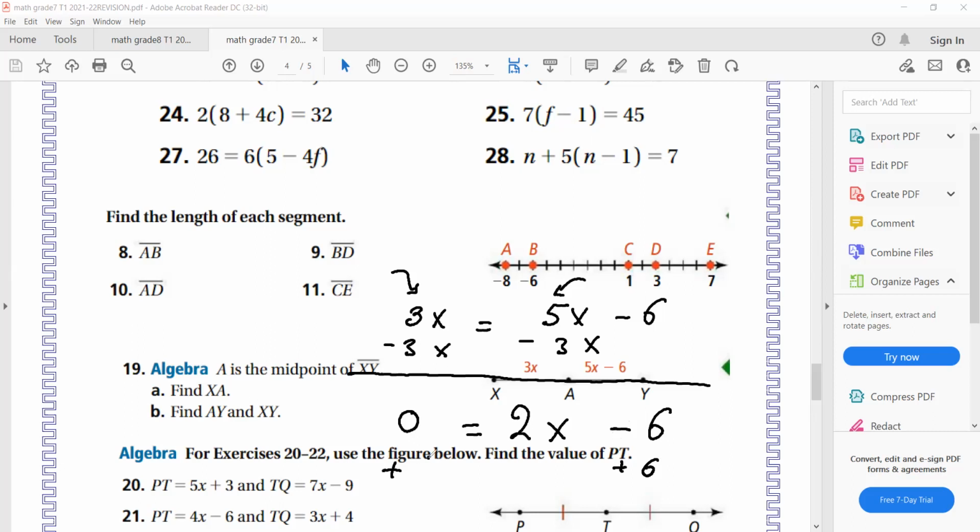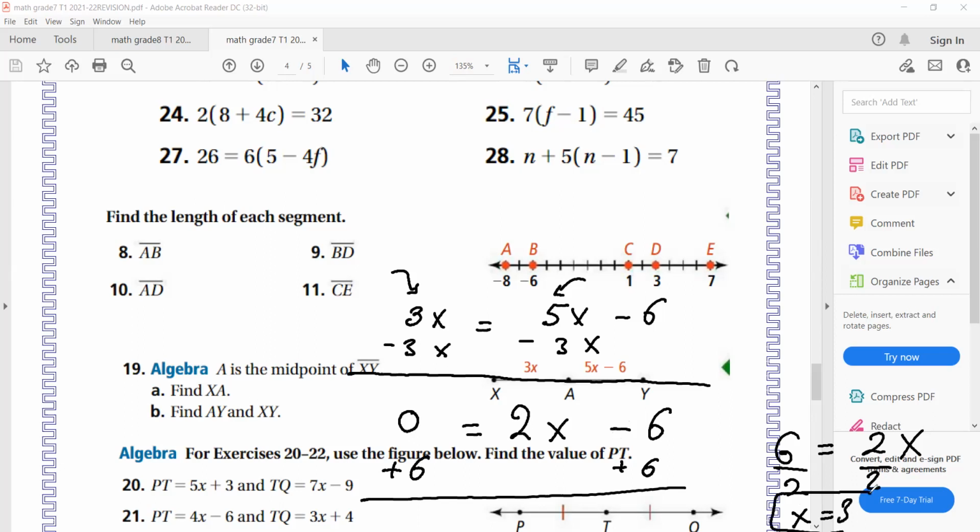Then 6 equals 2x. Divide by 2, then x will be 3. How can I get XA? Substitute x equals 3. Then 3 multiply 3 equals 9. AY equals AX, then 9, 9. XY equals 18, 9 plus 9.